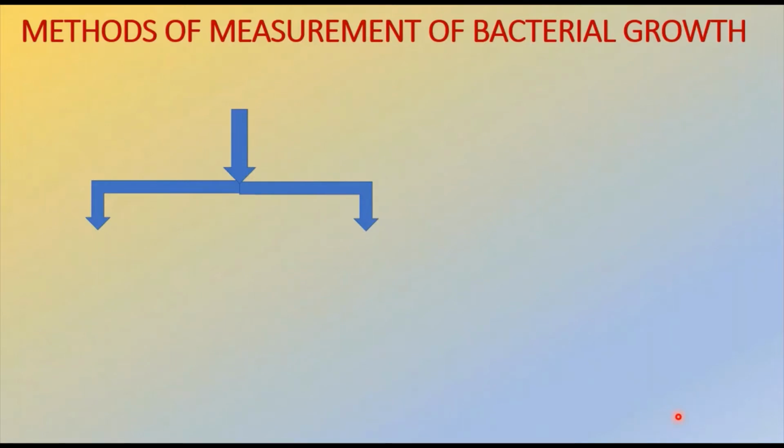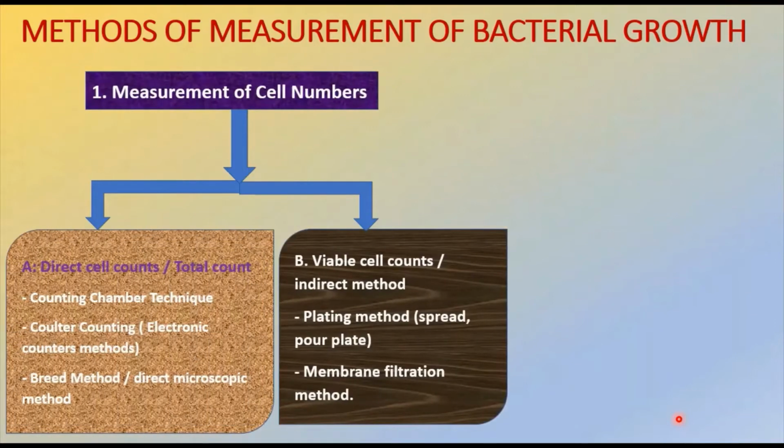There are many ways to measure microbial or bacterial growth to determine both the growth rates as well as the generation times. The most commonly employed techniques for growth measurement are, number one, measurement of cell numbers, where we count the number of cells both by the direct method, that means direct cell count, and the viable cell count.